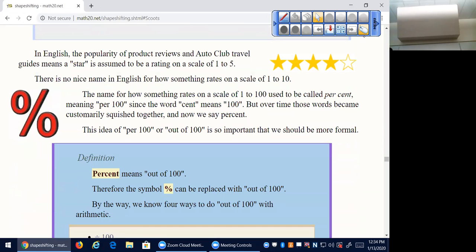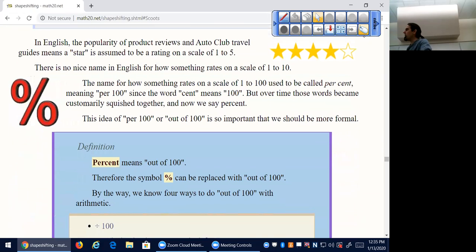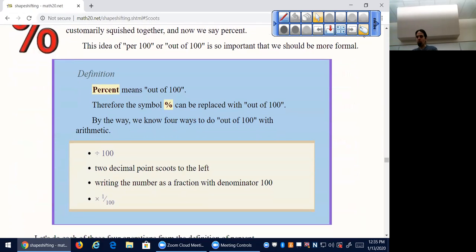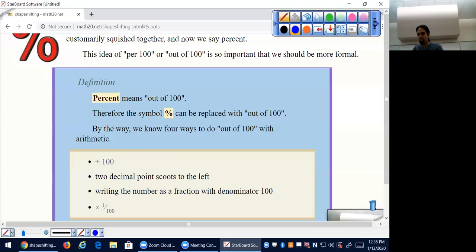For 1 to 100, it used to be cent. The cent means 100, like 100 pennies in a dollar. So per cent meant out of 100. And in math, we have 4 ways to do out of 100. So if I wanted to write like 47%, I could do that in 4 different ways.